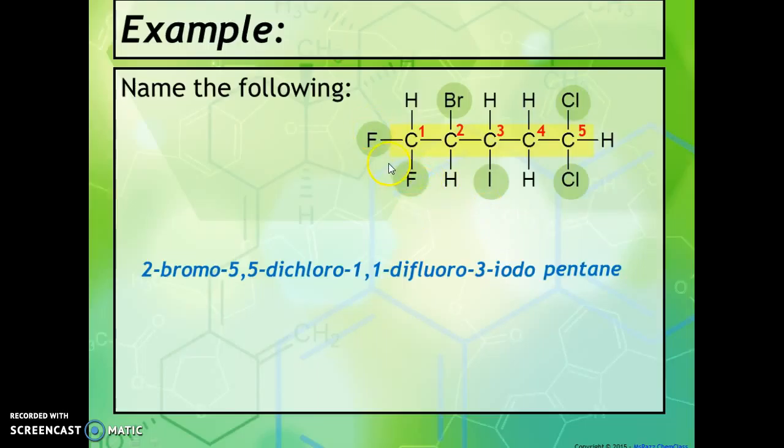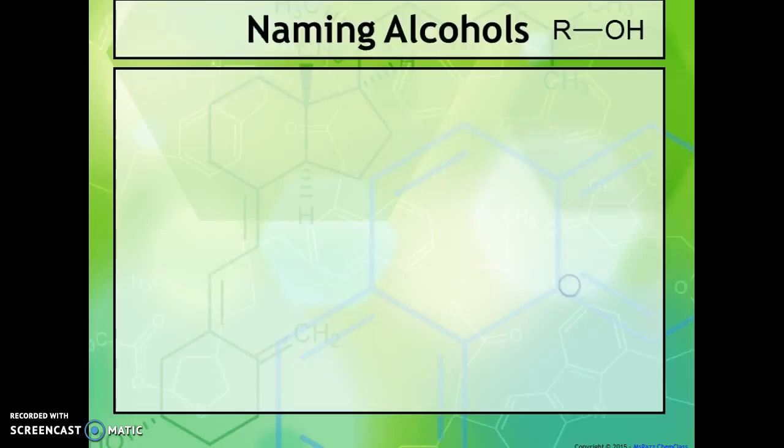We have 2 fluorines attached up here to number 1. So we say 1,1-difluoro. And last but not least, we have iodine, 3-iodopentane. So we come out with 2-bromo, 5,5-dichloro, 1,1-difluoro, 3-iodopentane. That's crazy, but it could happen.